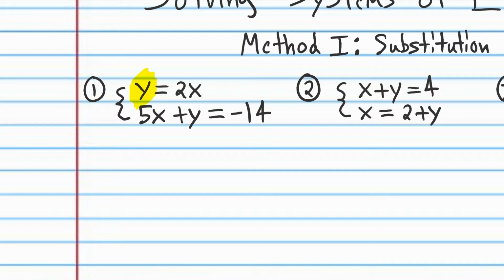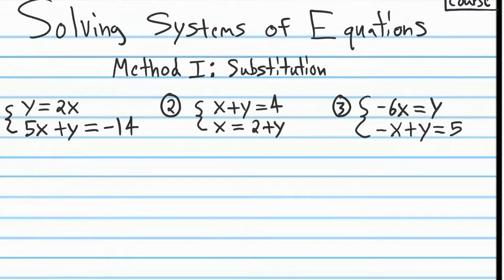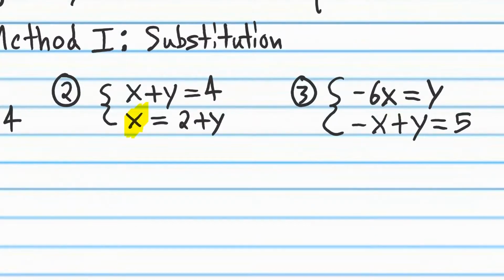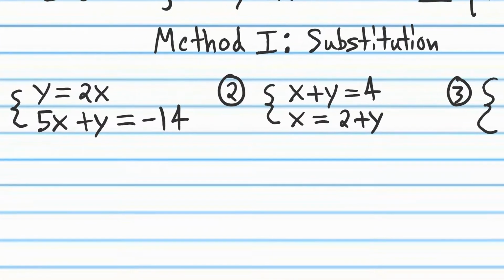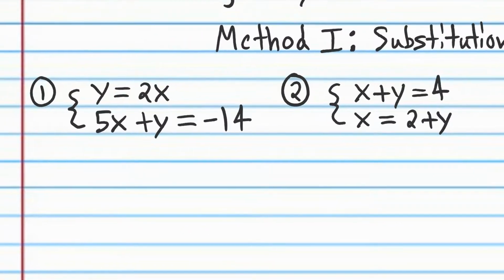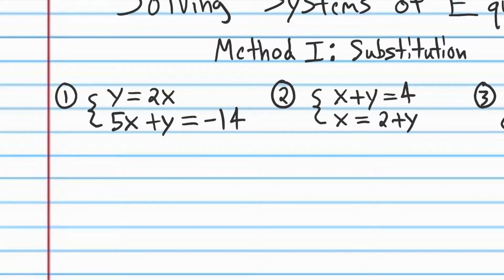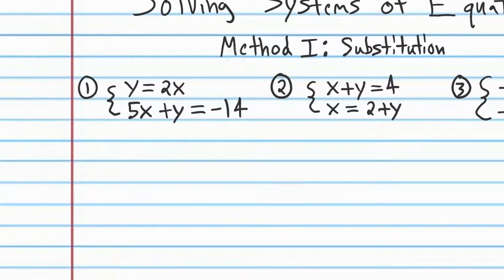So you see how this y is by itself? That means that substitution is probably going to be the best method to solve this system. Here we have x by itself, and over here we have y by itself. So whenever you have a variable that is isolated in one of the equations or both the equations, substitution is the best method to use.